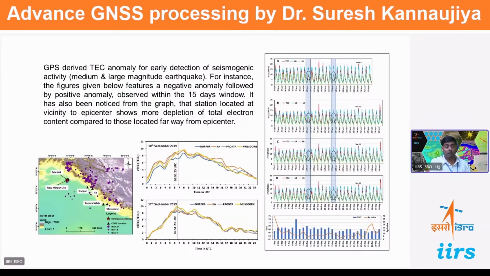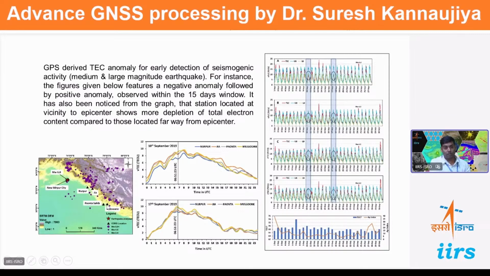So these are some of the case studies where we have successfully detected the TEC anomaly before the occurrence of this Mirpur earthquake of 6.6 moment magnitude.